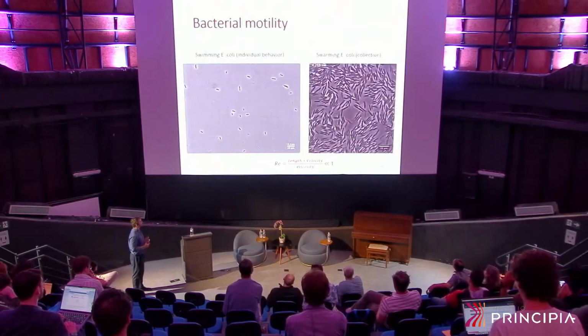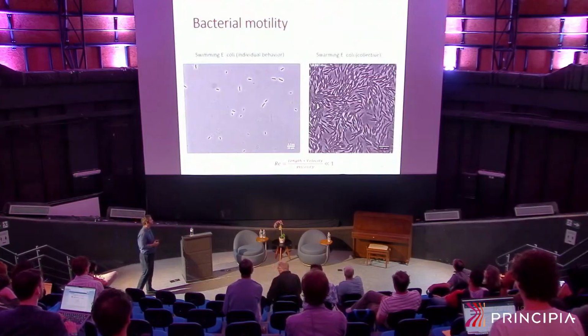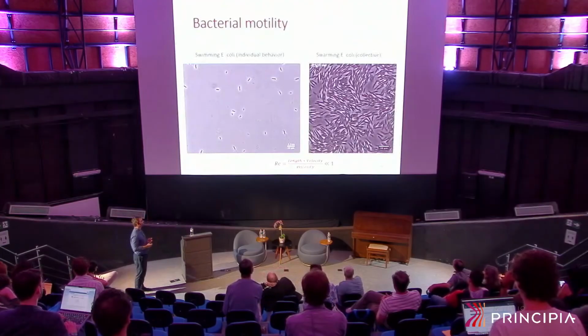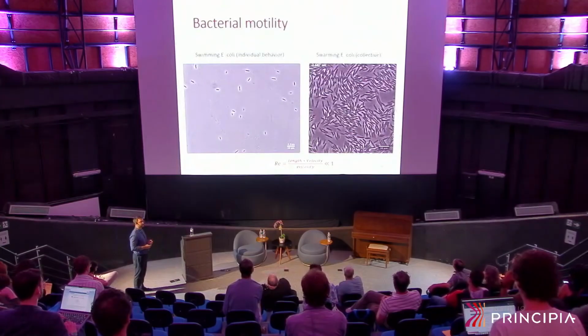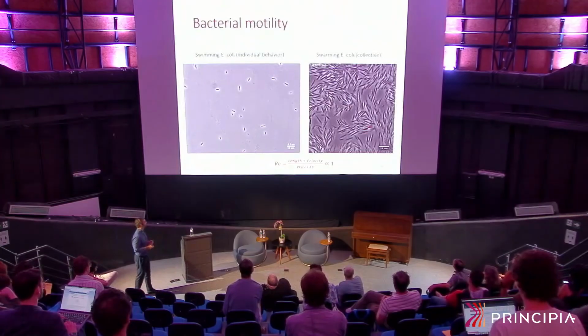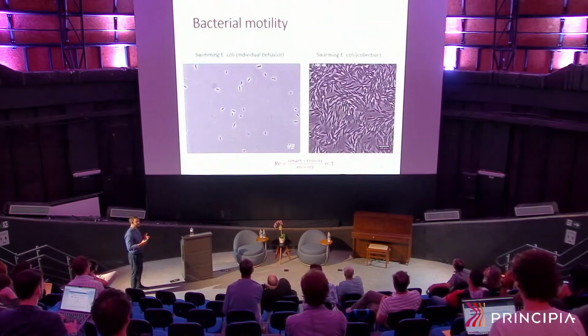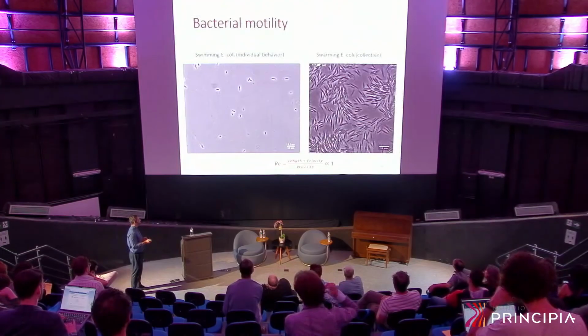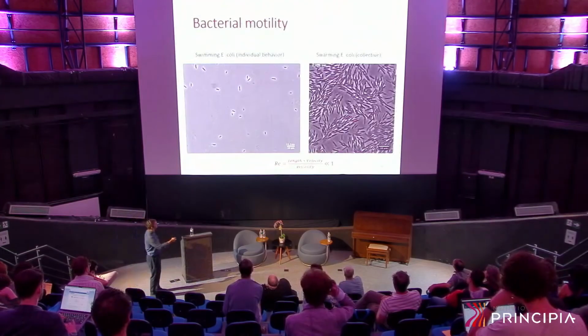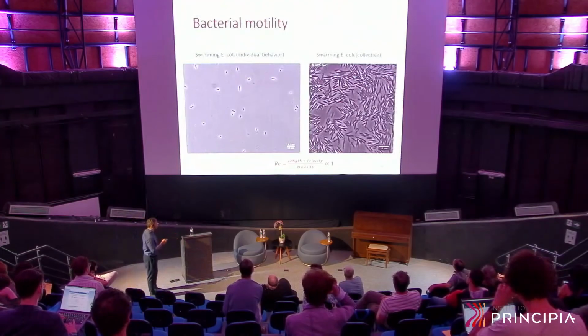Also, as I'll talk about in the next slides, if you analyze the velocity field, it resembles fluid turbulence quite a lot, but it occurs at low Reynolds number. So you have a kind of turbulence called active turbulence, but at small scales, at the scales of nanometers or micrometers.